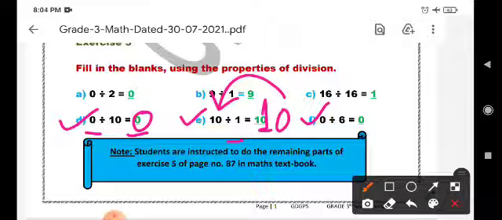So you will write 10 in the blank. Now 0 divided by 6. Again 0 is the dividend, so it is not meaningless. 0 divided by 6 is 0 itself. You are dividing 0 and that gives you a quotient of 0. When you are dividing by 0, that is meaningless.